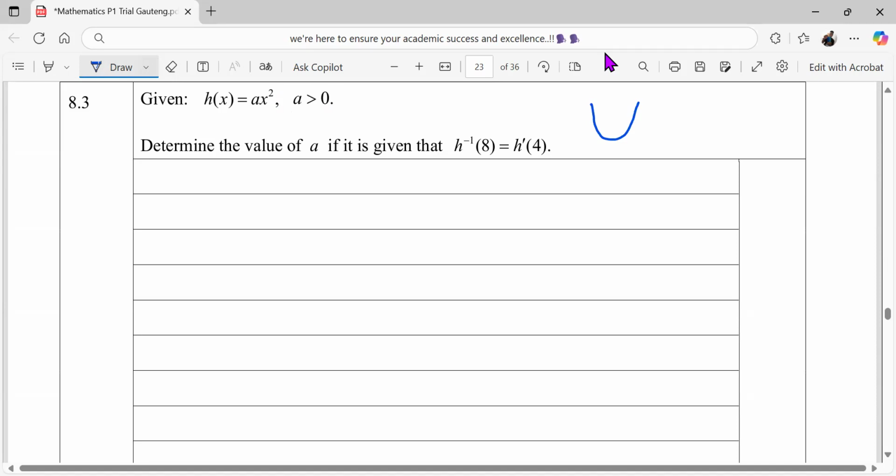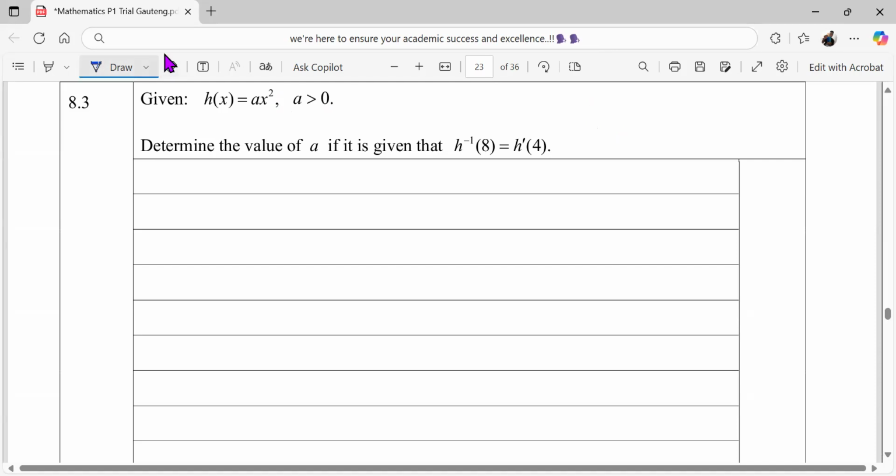That's what they're saying to you. All right? Now they say determine the value of a if it is given that the inverse at x equals 8 is equal to the derivative of h at x equals 4.